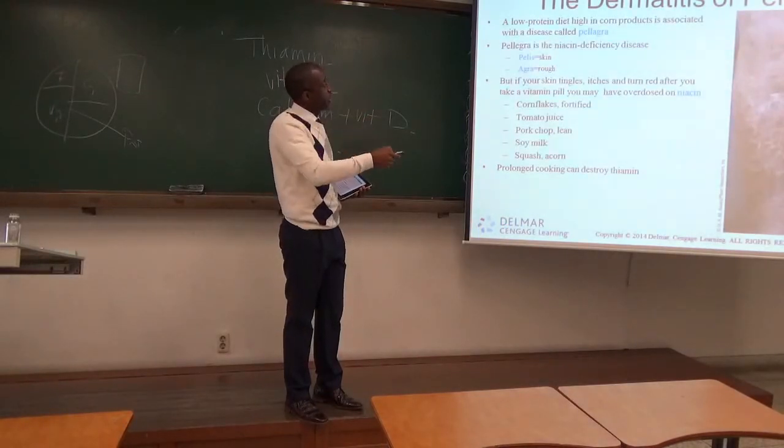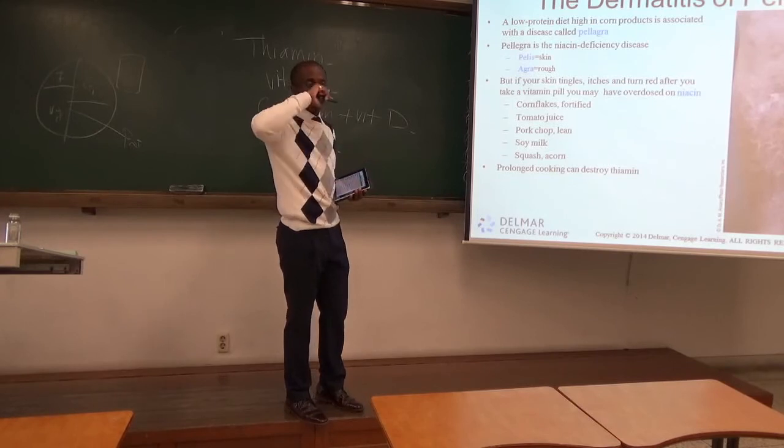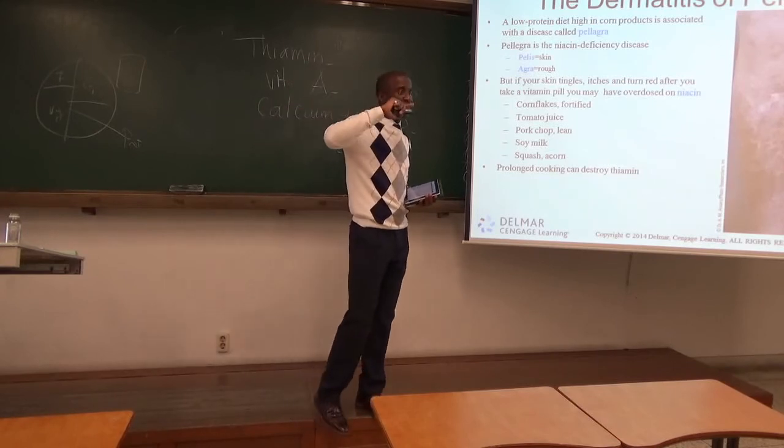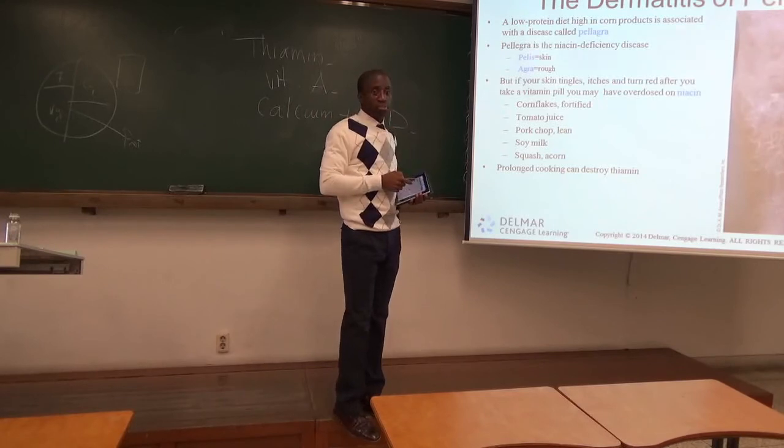Niacin deficiency, pellagra. You can see the skin problem here. Pellis meaning skin, right? Agra meaning rough. So the skin is kind of rough here. So these are signs of niacin deficiency.